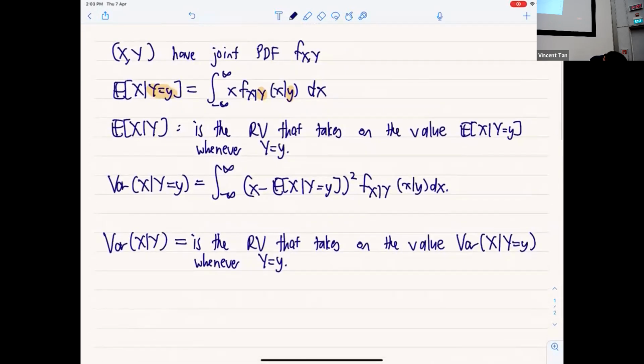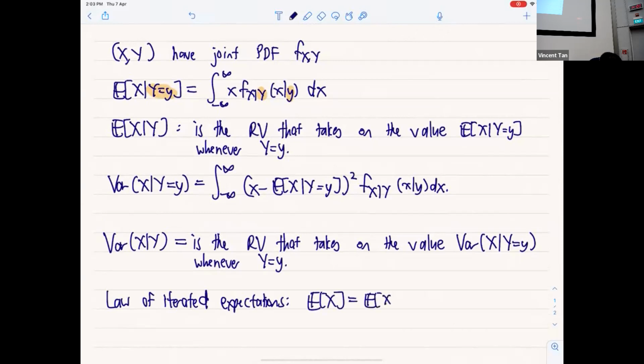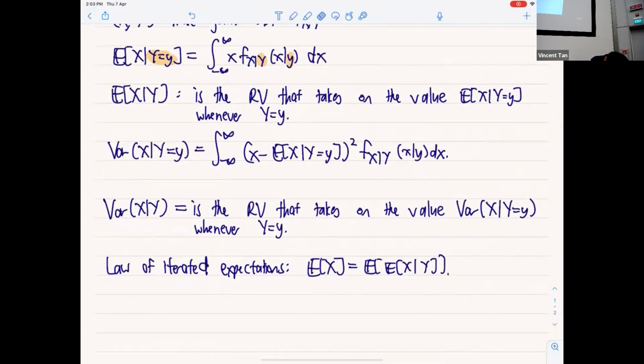Okay, so the law of iterated expectations, or total expectations, is something that we have to commit to memory. That means we recover the expected value of X when we take the expected value of the expected value of X given Y. Okay, and the law of total variance is more complicated.